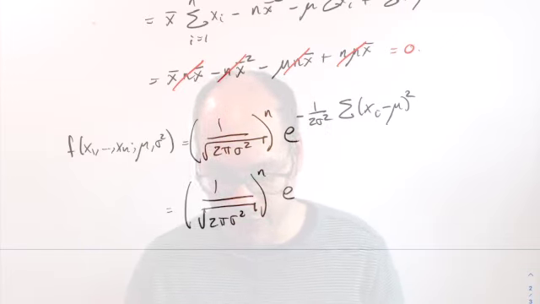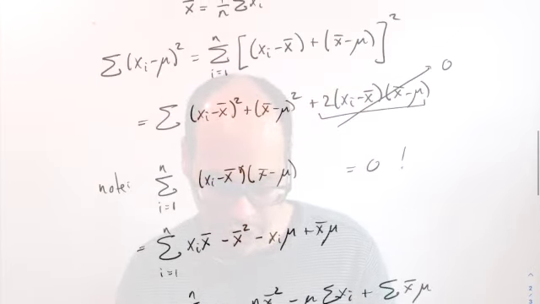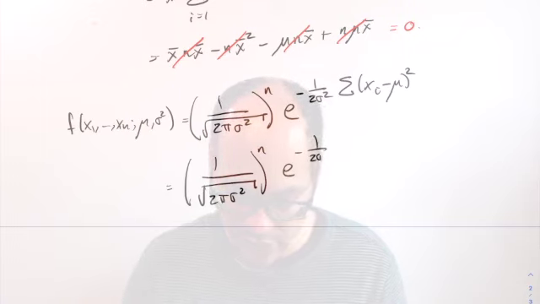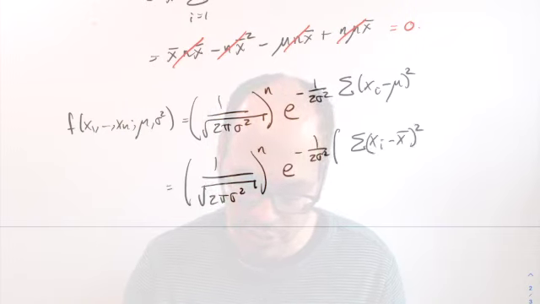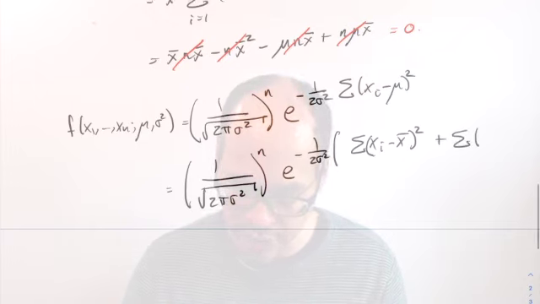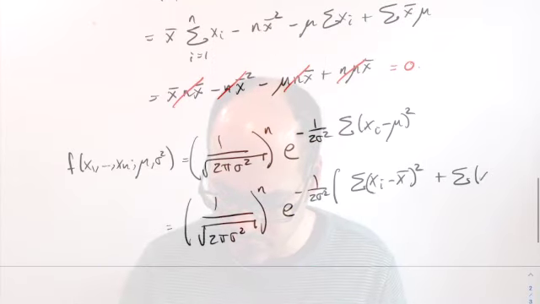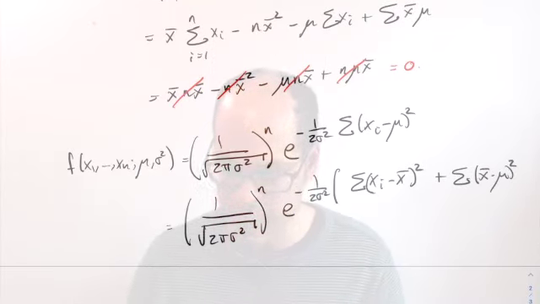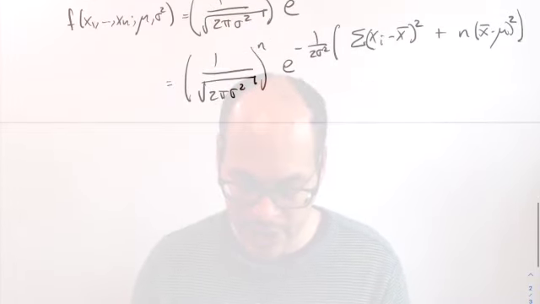Now I'm going to use this little algebraic trick to rewrite it, and I get e to the minus 1 over 2 sigma squared times a sum of xi minus x bar squareds, plus x bar minus mu squared, which is really just n times x bar minus mu squared. That's what we got.